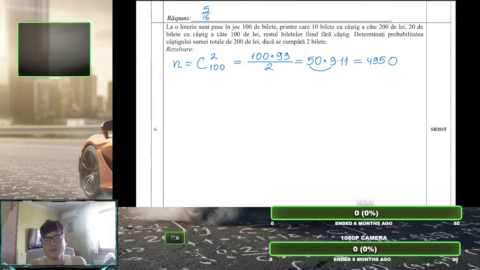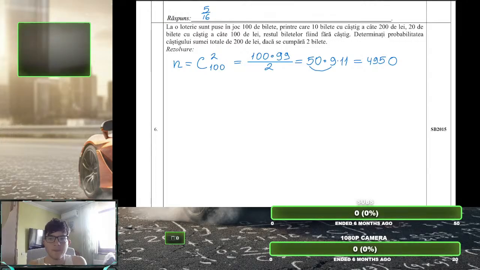So you either buy 1 200 lei winning ticket or 2 100 lei winning tickets, right? So these are the cases. So you have to buy 2 tickets. So either buy one non-winning ticket and one that wins 200 to have a total sum of 200, or 2 tickets both of 100 value. So for this, you just do it like this.